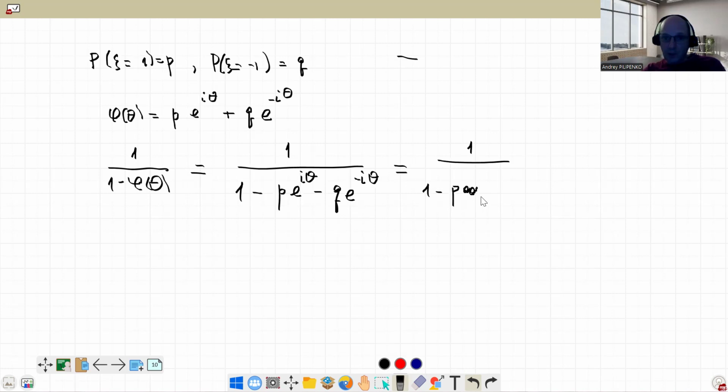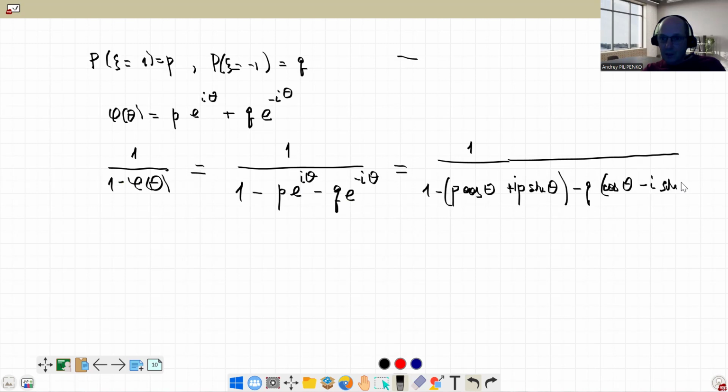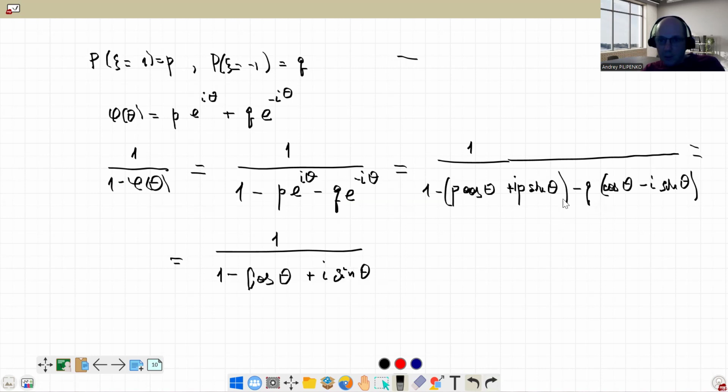So let me write it like p cosine theta plus i p sine theta and minus q cosine theta minus i sine theta, and this is equal to 1 minus (p plus q) times cosine theta plus i sine theta multiplied by (q minus p) sine theta.